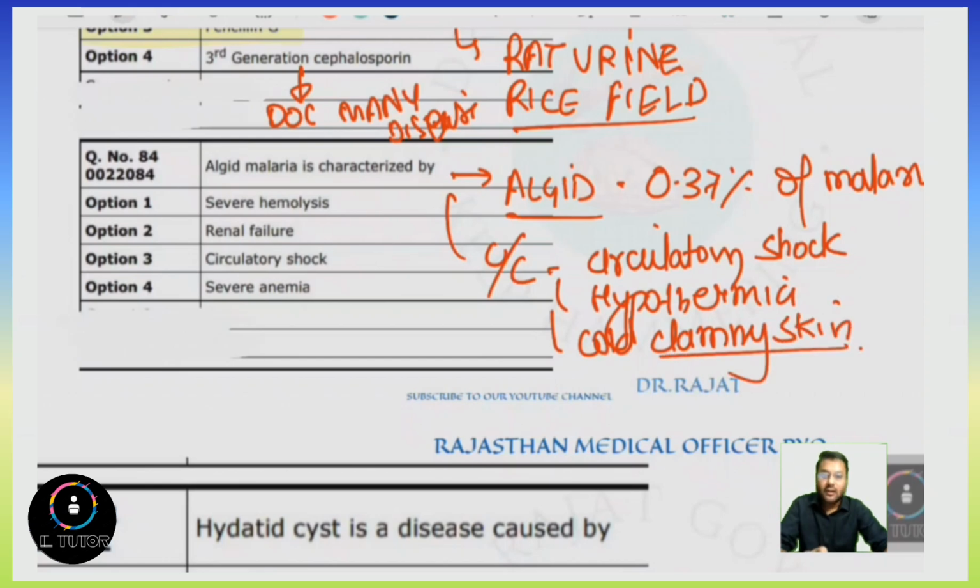So among the given options, the answer will be option number 3, which is circulatory shock. So algid malaria is a type of complicated malaria in which circulatory shock will be there.